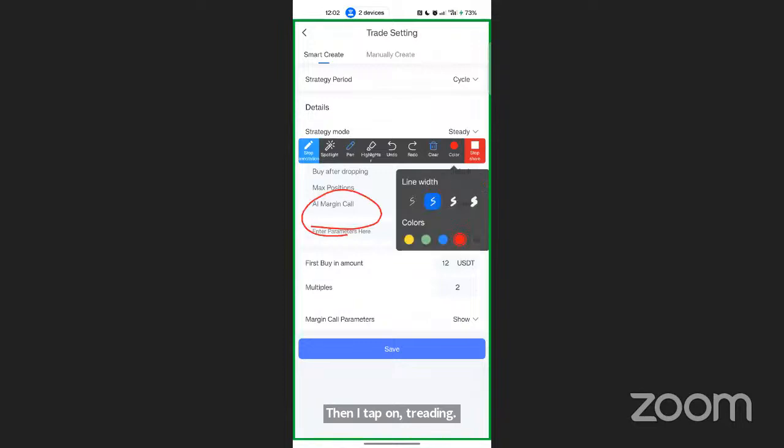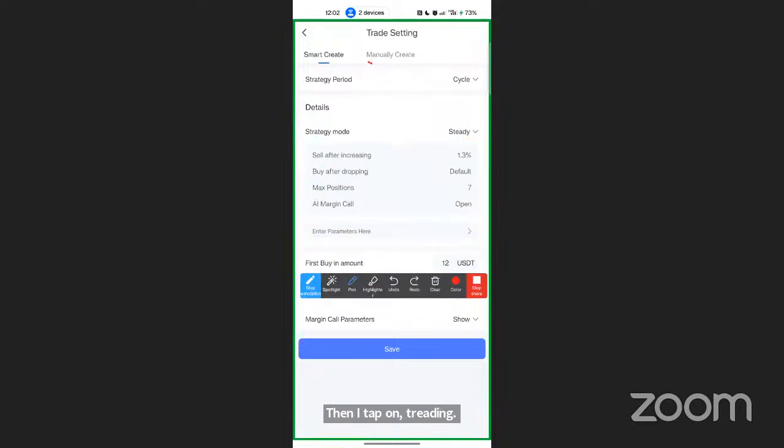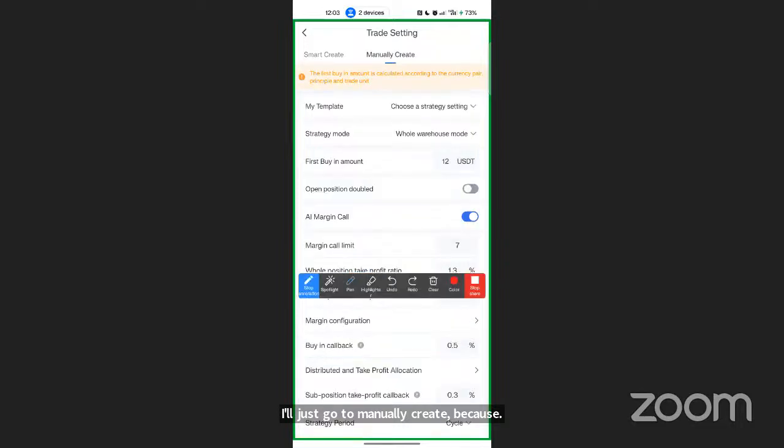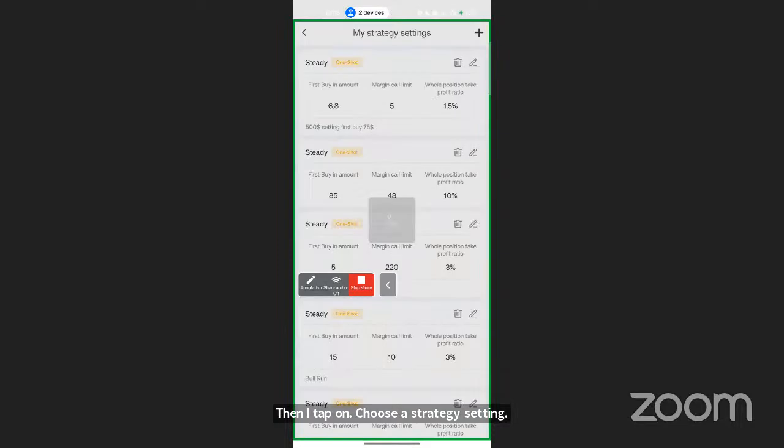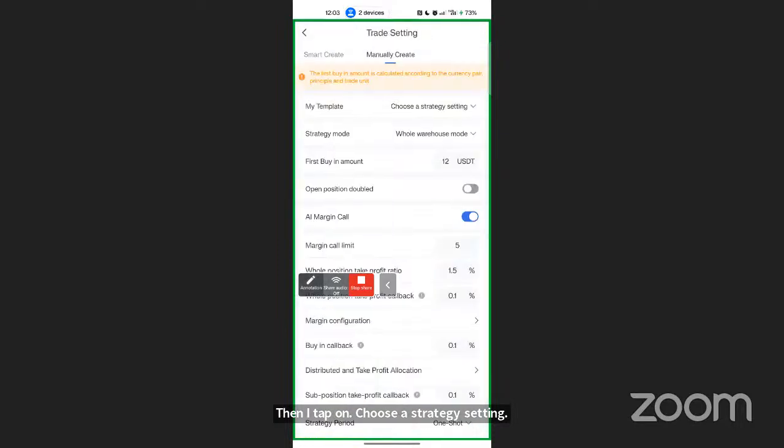I'll not go into the smart create. I'll just go to manually create because I want the robot to follow my own settings. Then I tap on choose a strategy setting. I tap on my strategy.